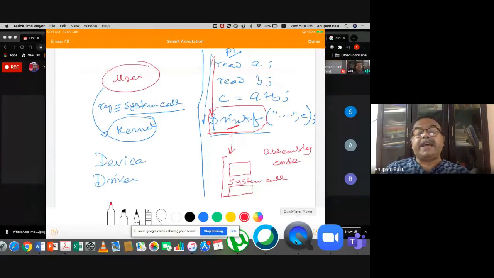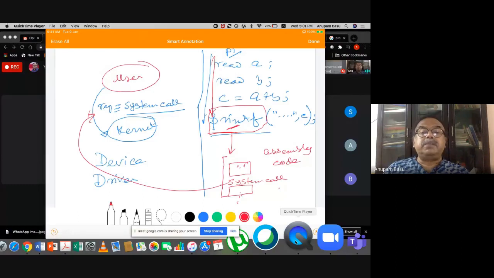So this printf is as if a procedure that is being enacted and which has got a system call with all sorts of parameters being put. So this system call will be equivalent to a kernel call.